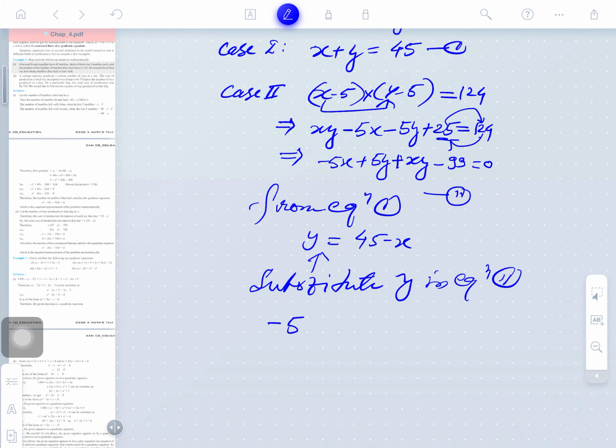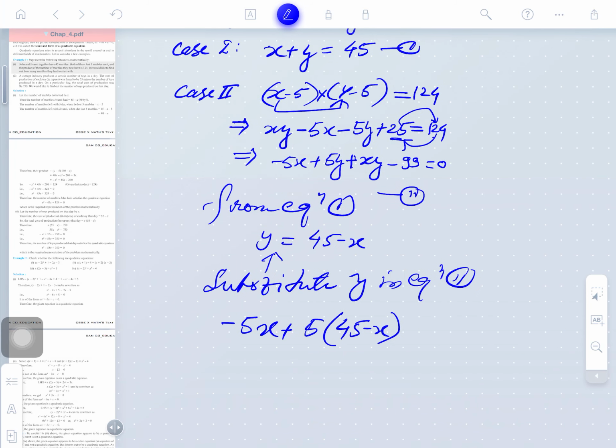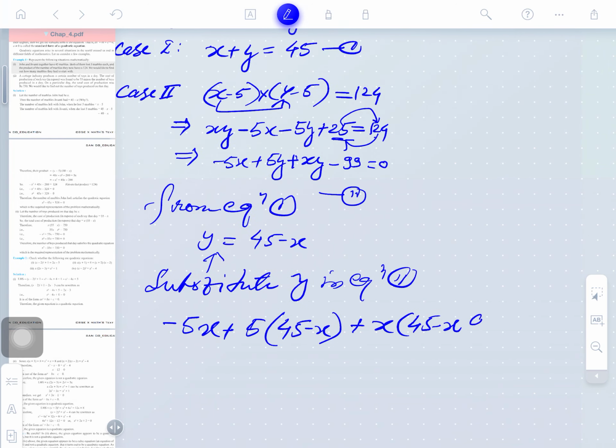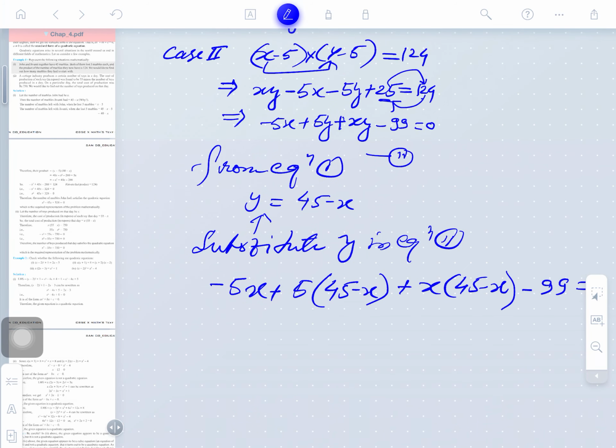What is the equation second? Minus 5 of x plus 5, what is y here? 45 minus x, okay, plus what is x into y? Y is here 45 minus x, clear, and the last is minus 99. Minus 99 is equal to 0.